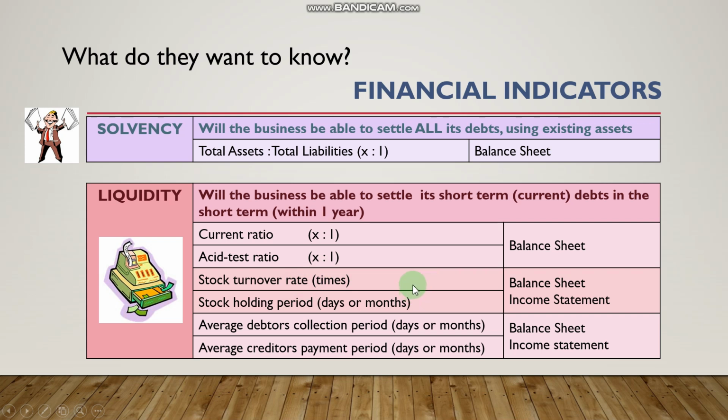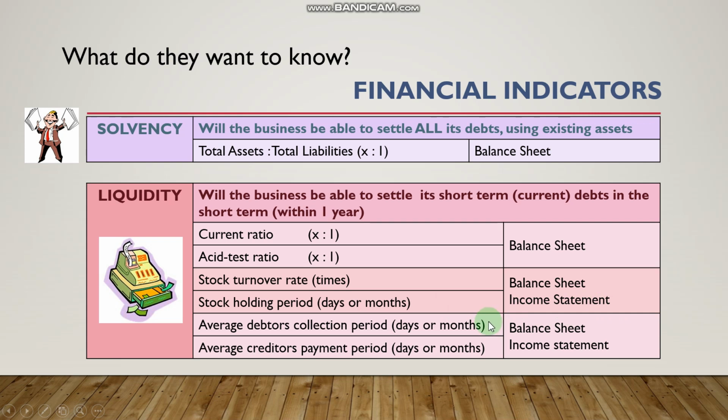So you will know exactly which elements from the financial statements are used to calculate that specific financial indicator. Like I just said now, the stock turnover rate and the stock holding period will be using the trading stock amount, and they will be using the cost of sales amount which you get from the income statement.